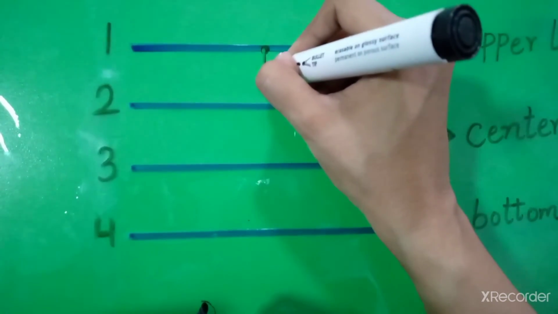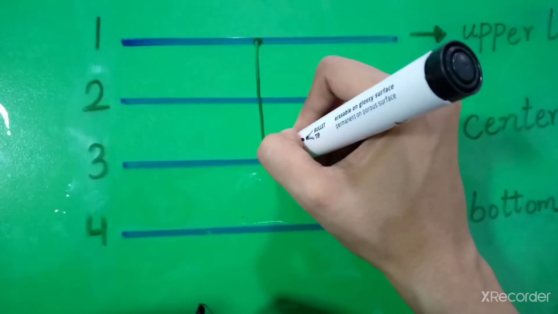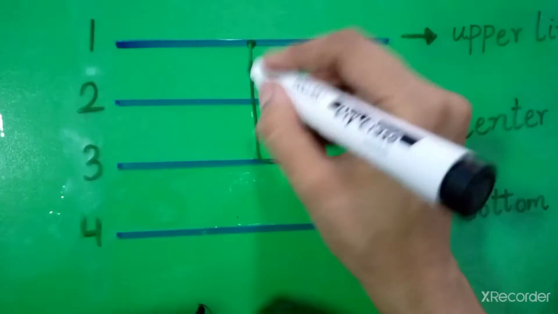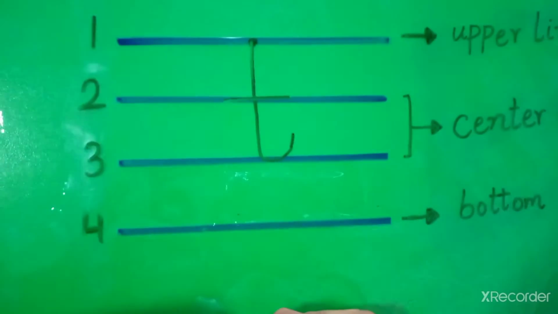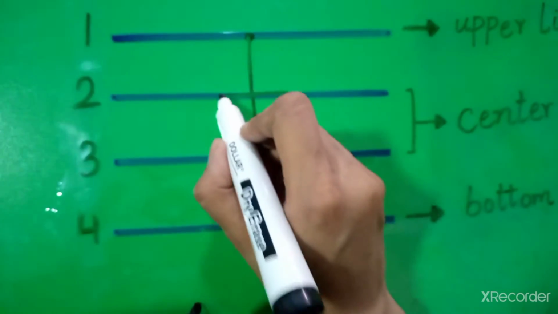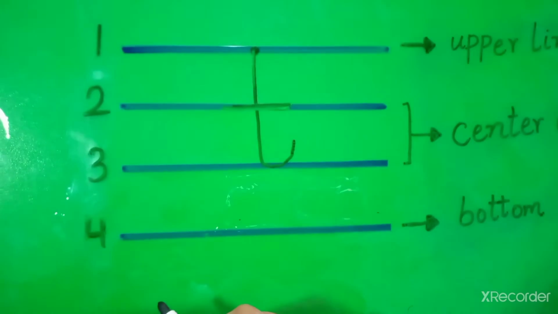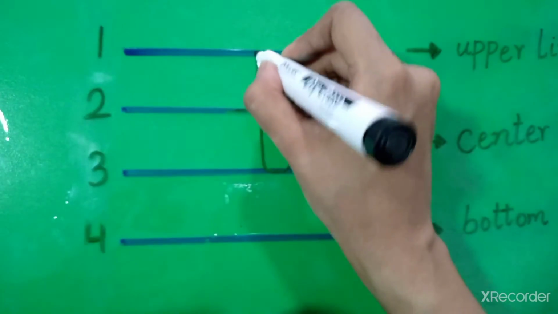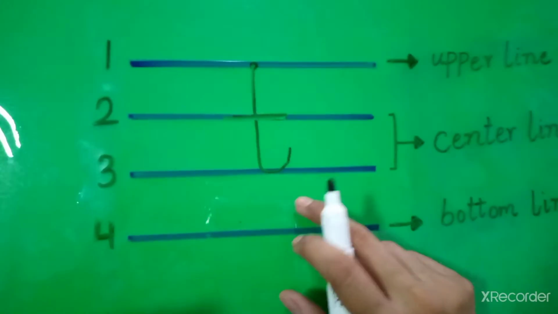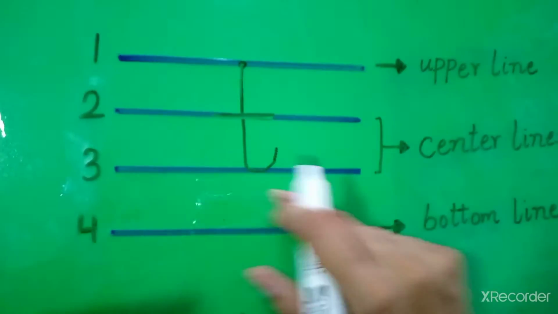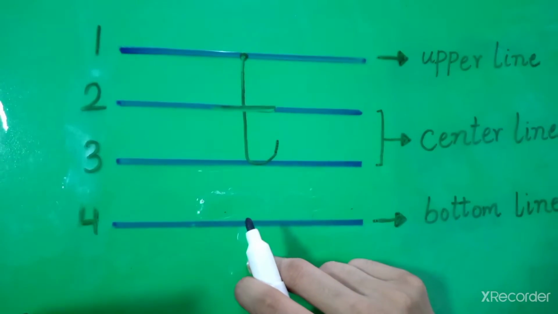Go down, turn a little and make a dash on the center. Like this. What does it become? T. Starting from our upper line, we ended with our center line, which is the 3rd line. We haven't touched the 4th line.